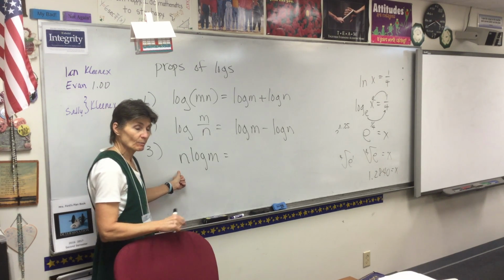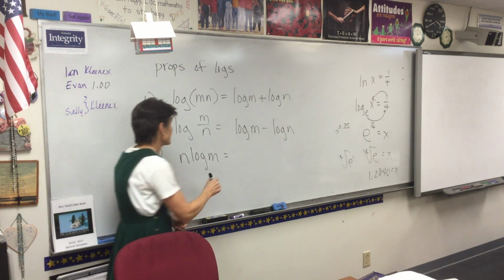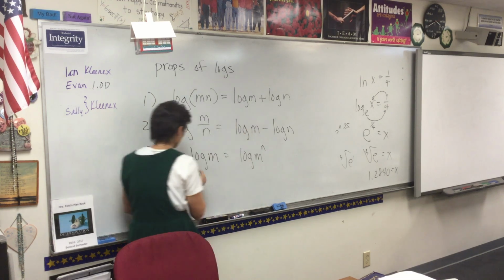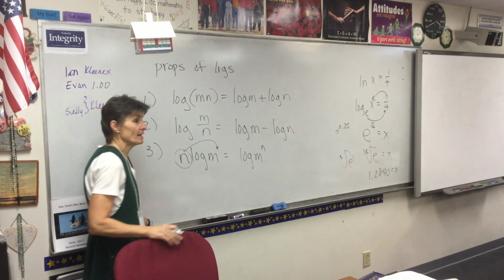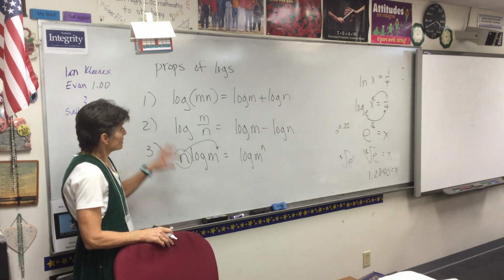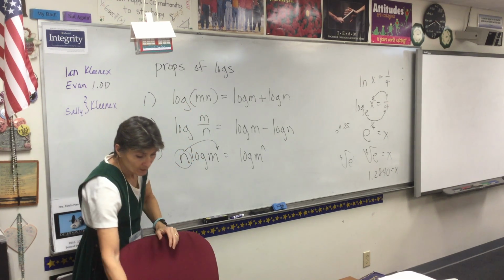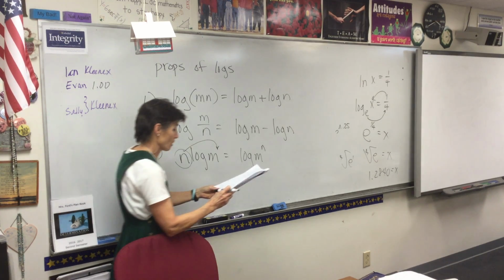But another way to get rid of it, Ferris, my dear, pay attention. Another way to get rid of it is to think of it as an exponent. So in other words, this guy pops off and becomes an exponent. If we get these three ideas down, we should be able to do section 3.4.